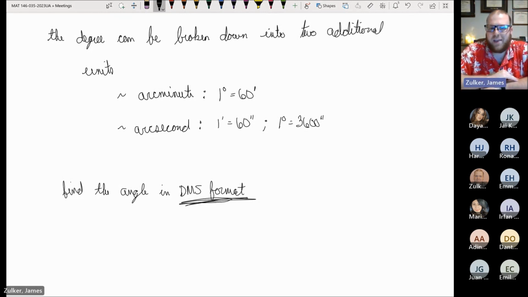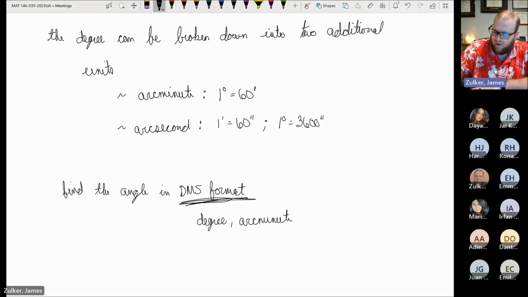All DMS format means is degree, arc minute, arc second. And we're going to see some of those formats.